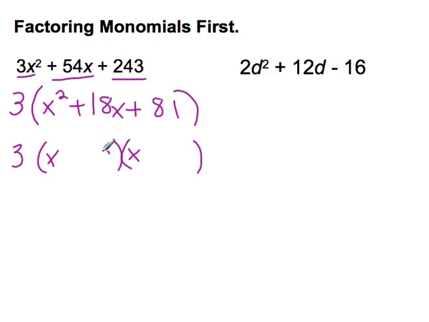Well, that would be 9 and 9. And they both need to be positive because the 18 is positive, and two positives make a positive 81 when you multiply it. Another way to write this could be 3 times x plus 9 squared. And either of these two answers would be acceptable.